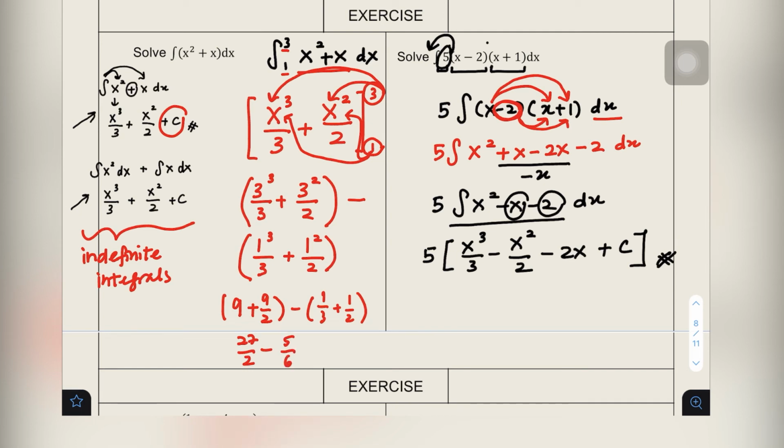You can calculate by using your calculator. So what you will get in return is 81 minus 5, which is 76 over 6. Okay, so you will get this.